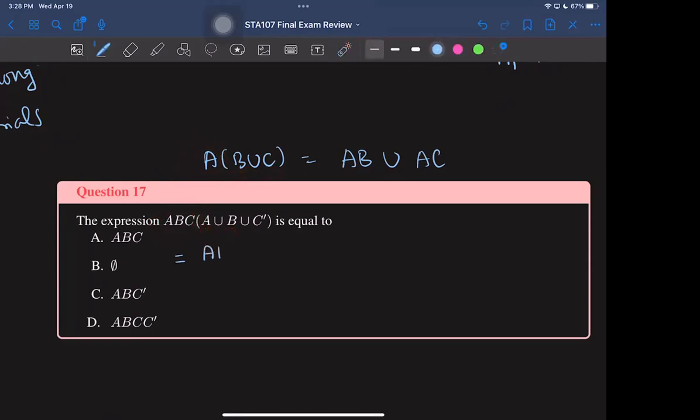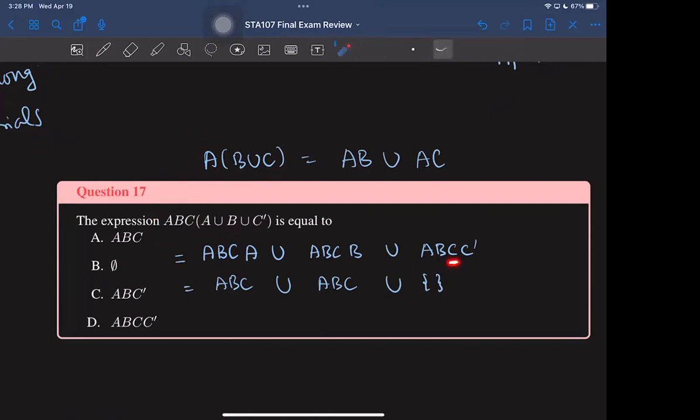So I can break this down as A and B and C and A, or A and B and C and B, or A and B and C and C complement. The first one, A and B and C and A, can be reduced to ABC. A and B and C and B can be reduced to ABC. The last one, A and B and C and C complement, is just an empty set.